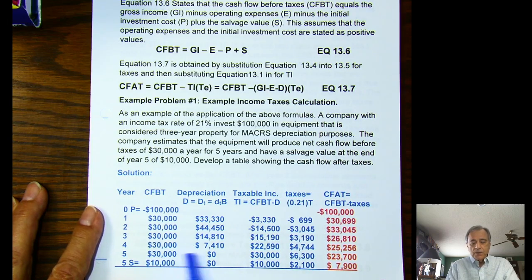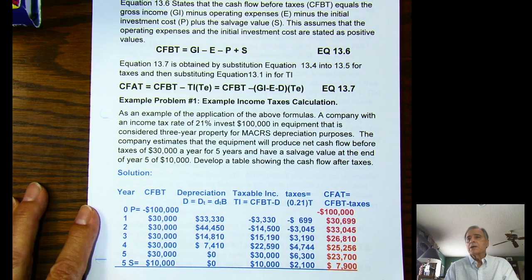In year 4, which is the last year that 3-year property is depreciated under MACRS, the factor is 0.0741. When I multiply that times 100,000, I get $7,410 of depreciation.